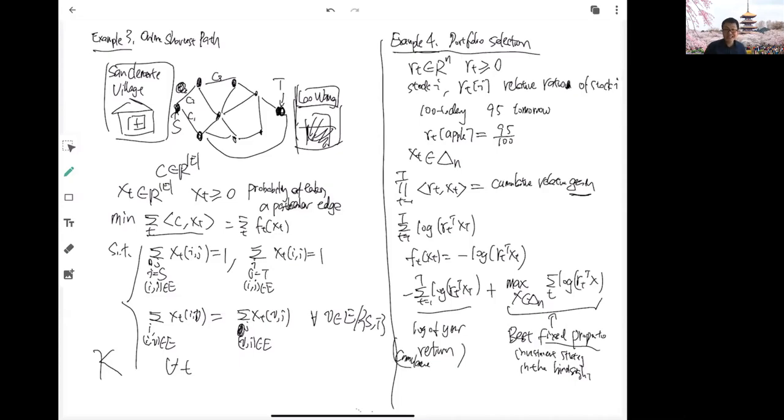So I hope these examples convince you that this is an interesting and useful setting, because in all these application scenarios, we're not really making any assumptions about how the world works.